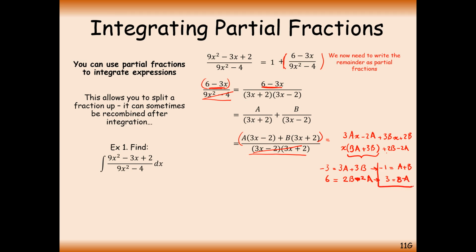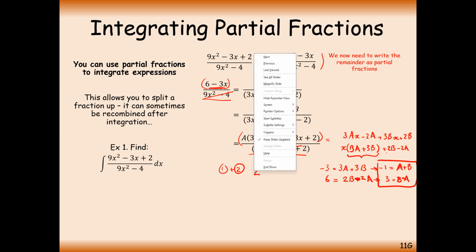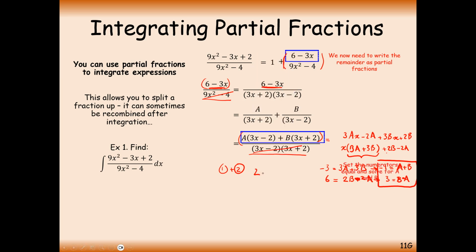Okay, these two equations, we can add them together because the A's will cancel away. This is a plus A, this is a minus A. So adding those two equations with each other will give us a 2 on the left hand side and 2B on the right hand side.